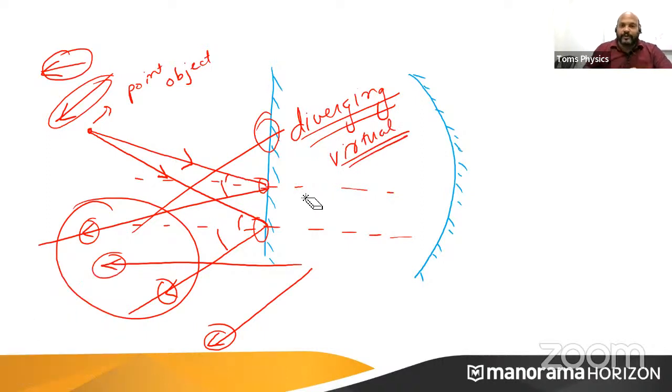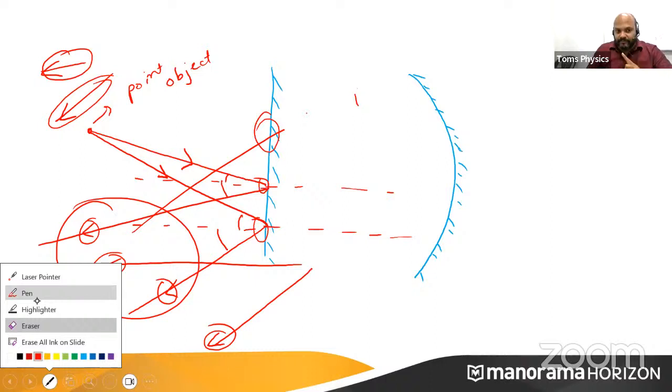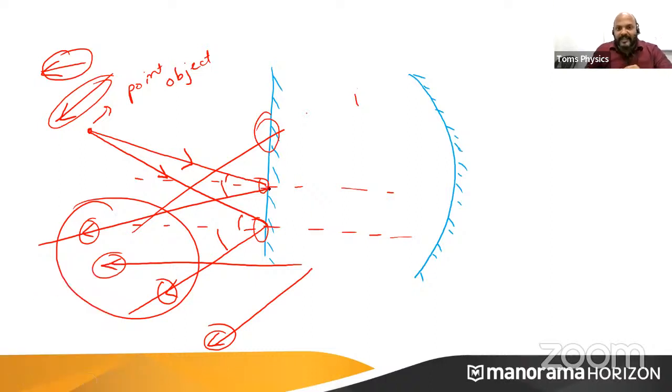Why will it be virtual? It will be virtual because the only place where these rays seem to meet, not actually meet, is if you produce these paths backwards and you get an intersection point which is behind the mirror. Obviously, the mirror is an opaque object, so the light is not coming from behind the mirror, but it seems as if it is.